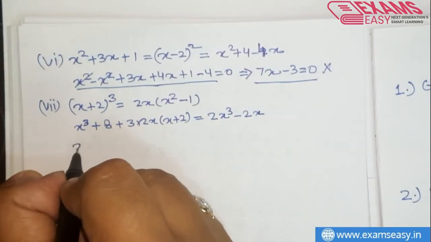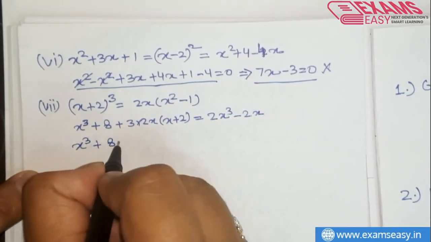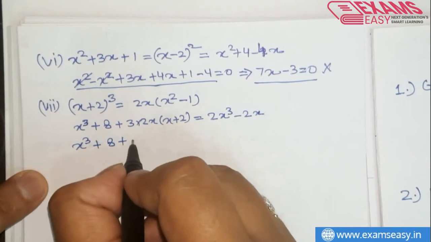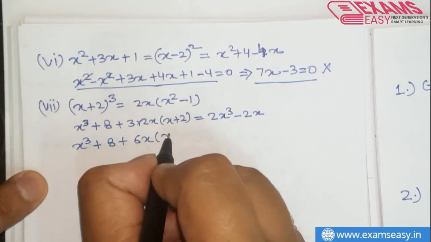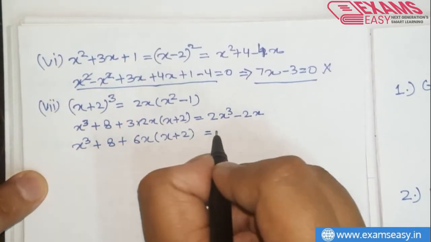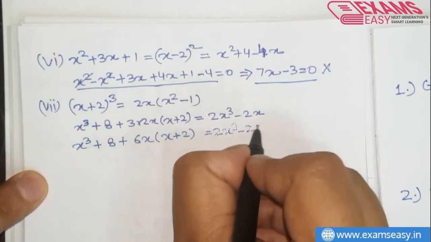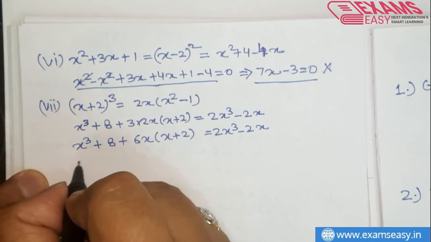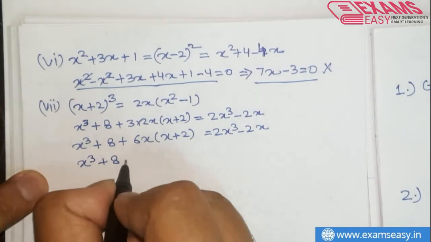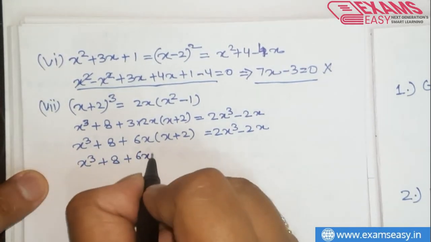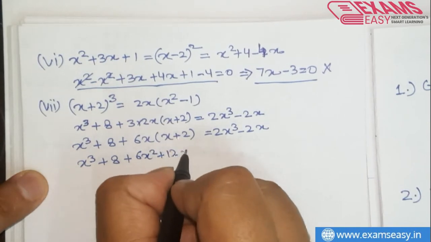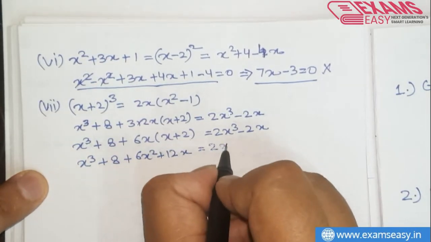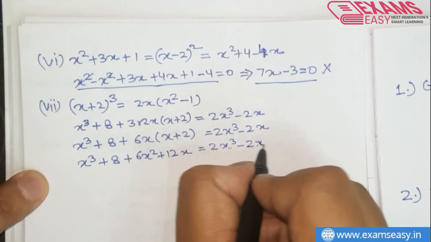Let us simplify this. x cube plus 8 plus 6x within bracket x plus 2 is equal to 2x cube minus 2x. Let us multiply 6x with this, then we get x cube plus 8 plus 6x square plus 12x is equal to 2x cube minus 2x.